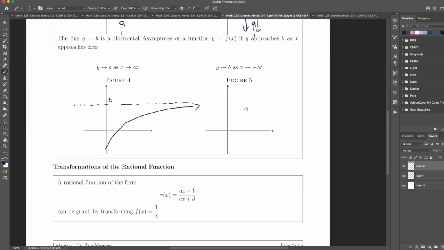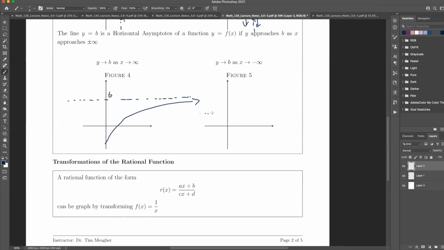For horizontal asymptotes, the way your book defines it is if this is b here and I'm going to negative infinity, I can go above it, but then I'll end up flattening out to it. So you can go past the lines for horizontal asymptotes according to this book. I've seen it defined both ways.